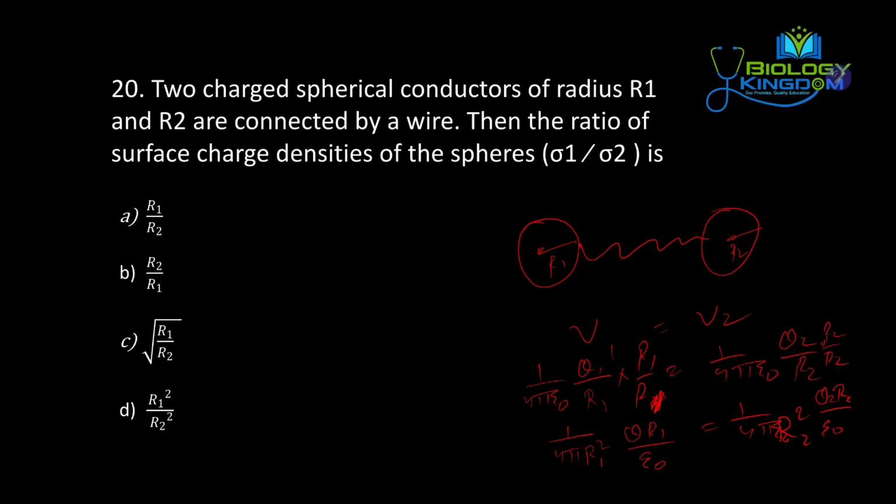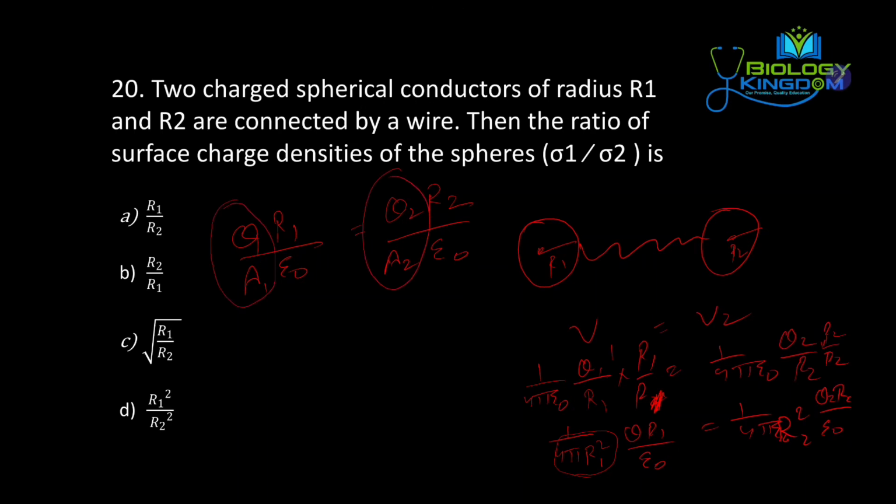We know this is a sphere, and 4 pi r square is the area of the sphere, so this can be the area of the first body. We can write it as Q1 R1 by epsilon naught A1, and similarly for the second. But we know Q by A is the surface charge density.